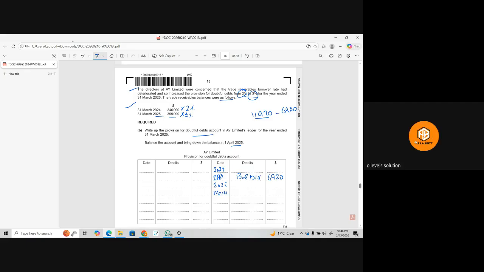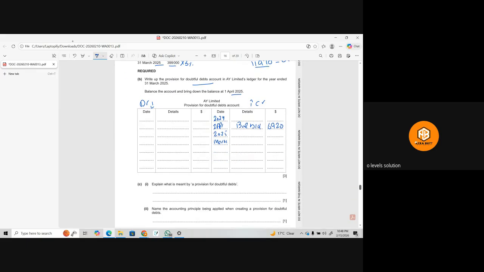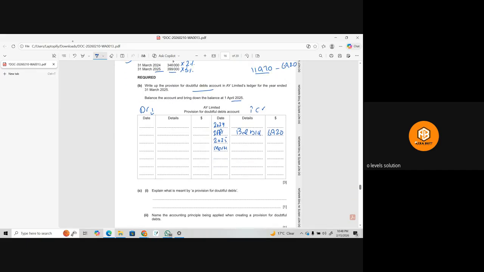Since the provision has increased, it will be carried. So provision will be credit, income statement will be debit because provision has increased. So we need to transfer this into the expense section. And for the closing year, the provision is 11,970, so we will write it here as closing balance.